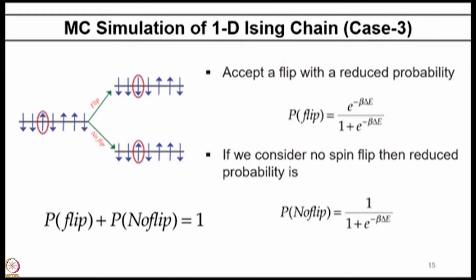Then that will have a probability 1 minus that. So probability must be conserved. If the energy goes up, then I have the option that I am going to stay in my same configuration. That is given by my bottom equation.